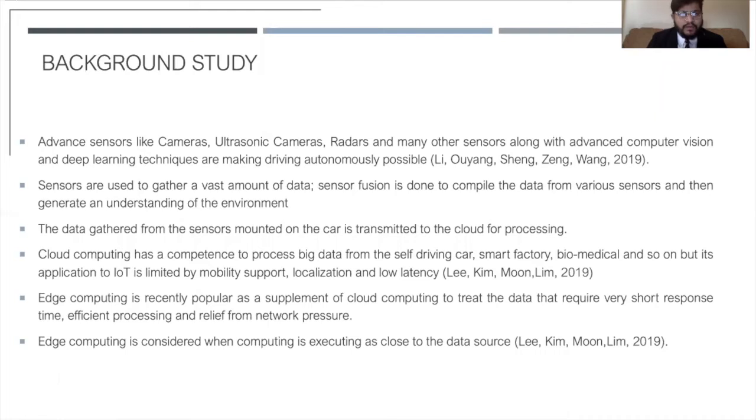So previously, as I said earlier, whenever the data used to be collected, it used to be sent over the cloud for processing, but we are trying to achieve it at the edge by using Edge TPU. So one upside of cloud computing is that it can handle a large amount of data. It is not limited by its hardware.